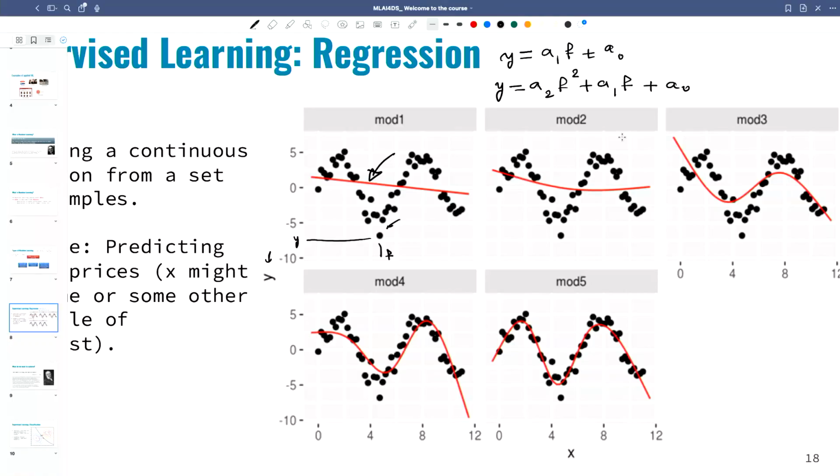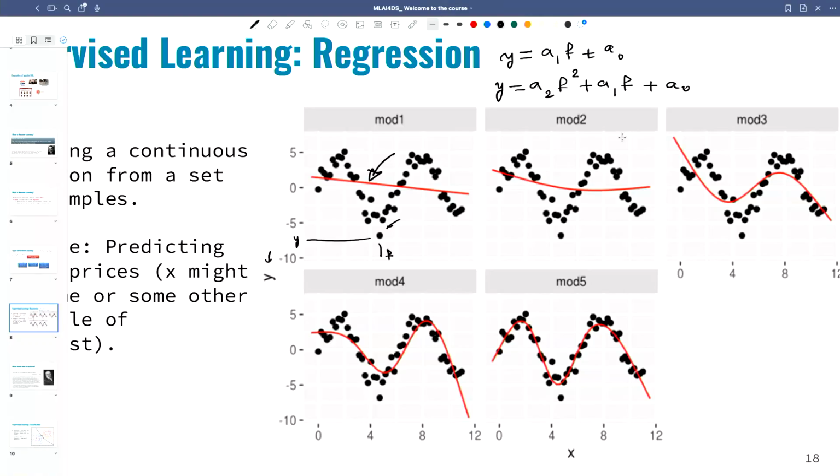But there is another risk also, and it's called underfitting. Do you see the underfitting problem here? The first model is underfitting, it doesn't fit the data. So what should we do with the models? What model is correct? We don't have a correct model.